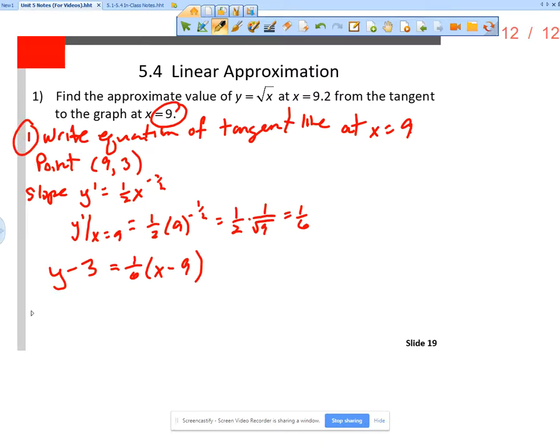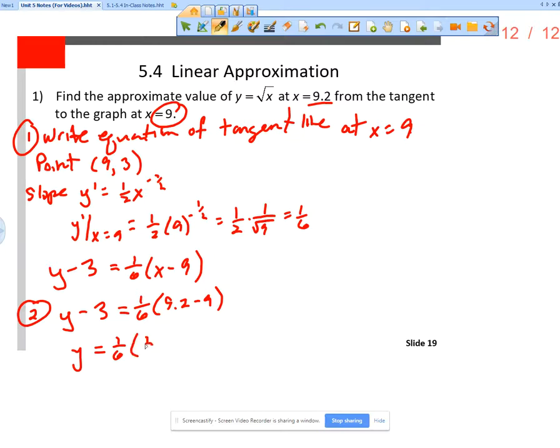Now step 2 is to use the equation of the tangent line at x equals 9.2. So now I'm going to plug 9.2 in for x. So 1/6 times 9.2 minus 9. Now y equals, I'm going to add 3 over. I have 1/6 times 9.2 minus 9, that's 0.2, which is 1/5.